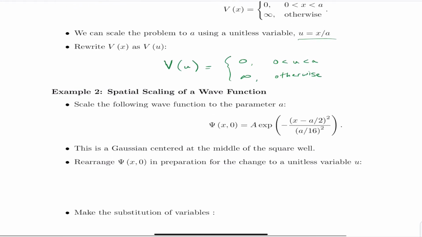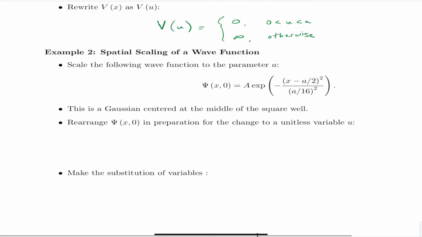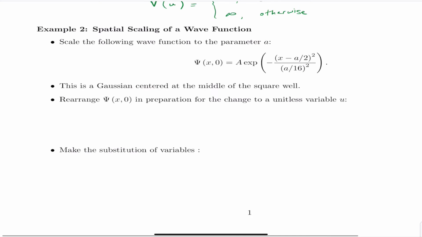For the second example, we have a wave function. It turns out it's a Gaussian centered at the middle of the square well. That's what this offset of a over 2 means. So let's rewrite this in our unitless form. First off, I'm going to rearrange it a little bit, recognizing that this denominator, a over 16 squared, can be 16 over a squared, a factor by which we multiply the numerator.